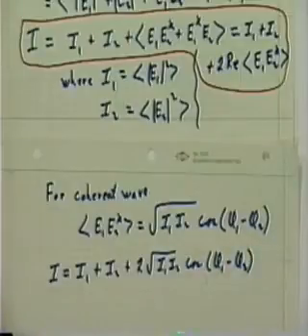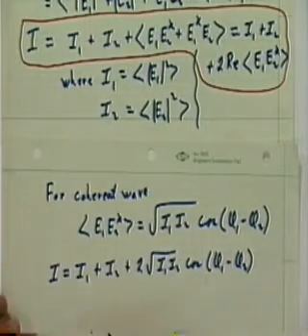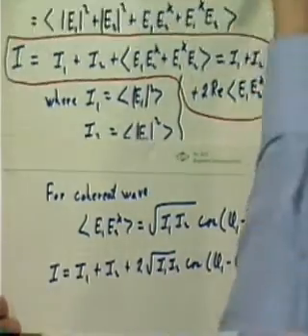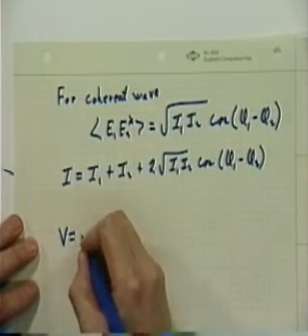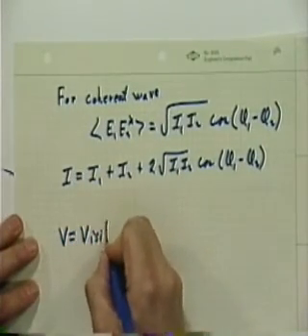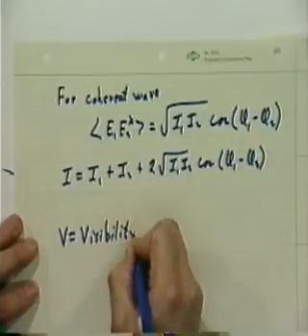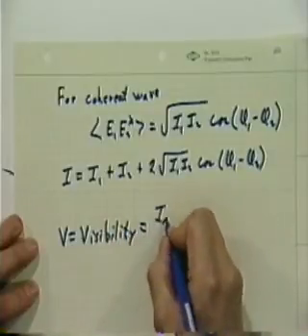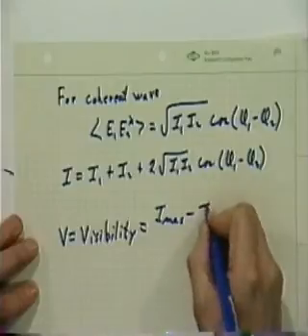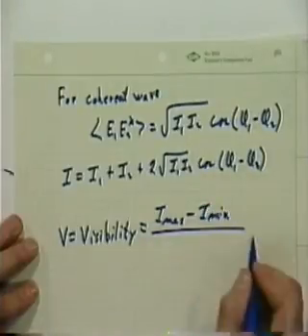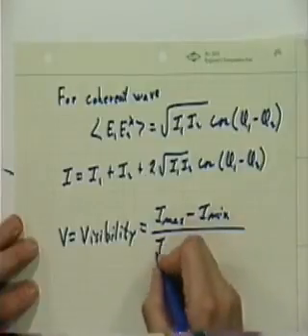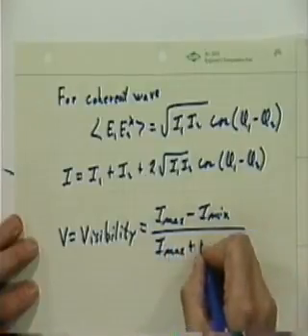Okay? And then we said that the visibility here, for this case, V was the visibility, and we said that was I max minus I min divided by I max plus I min.